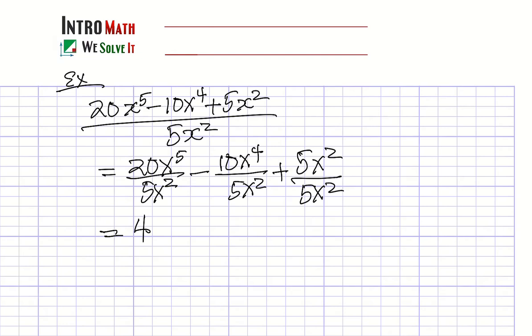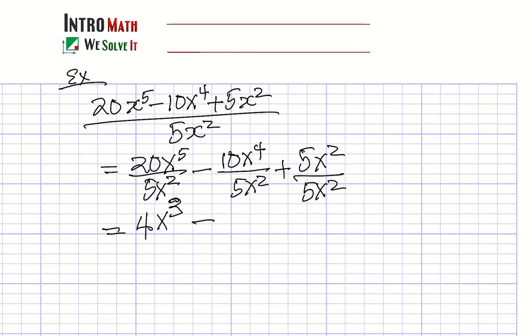So you subtract 2 from 5, you get x raised to the power 3. The same thing over here. 10 divided by 5, you get 2. The x on top has 4, the x on the bottom has 2 exponents. So you subtract, you get x raised to the power 2.